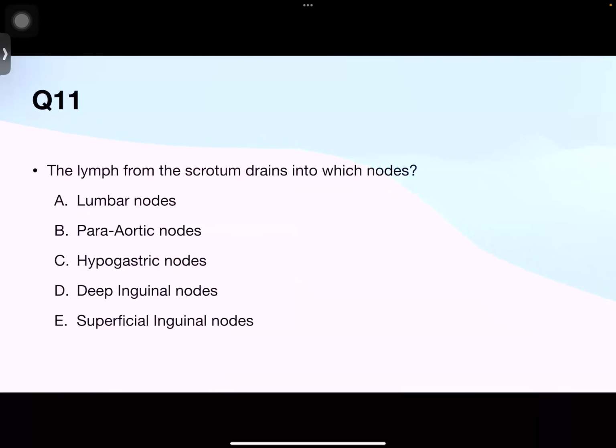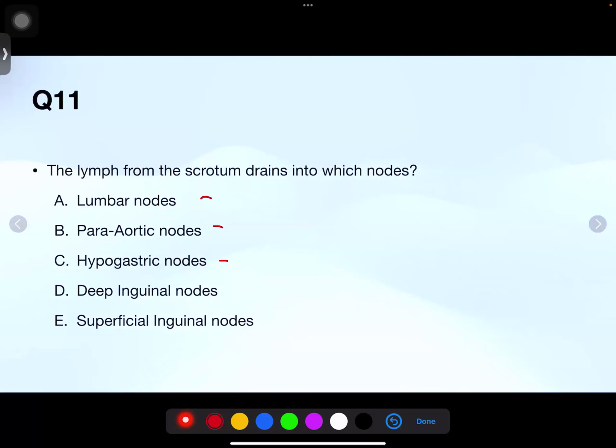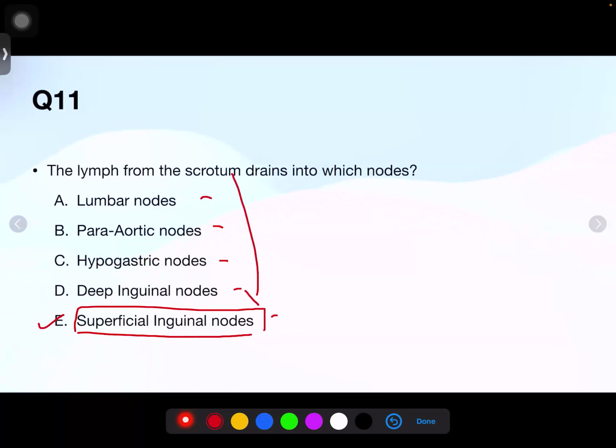Now, the lymph from the scrotum drains into which nodes? Lumbar nodes, para-aortic, hypogastric, deep inguinal lymph nodes, or superficial inguinal lymph nodes? Superficial, yes, that's great. The scrotal lymph goes to the superficial inguinal lymph nodes.